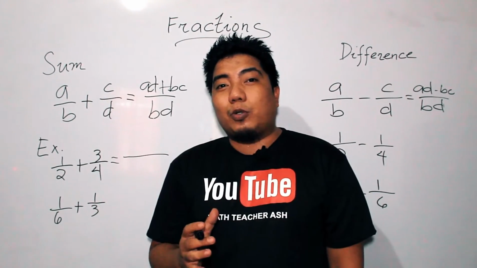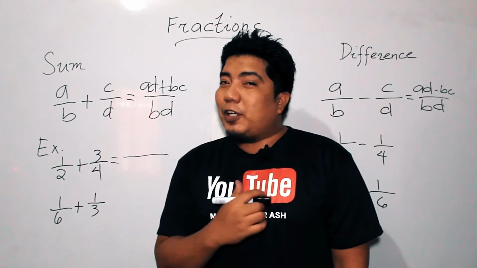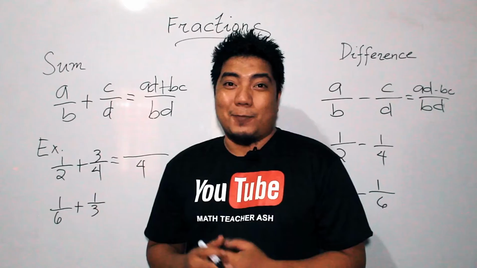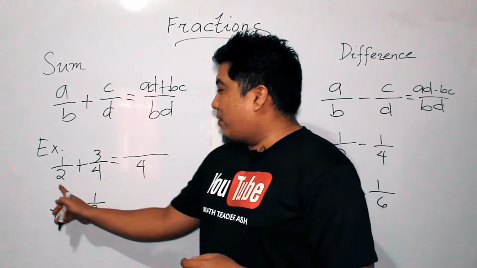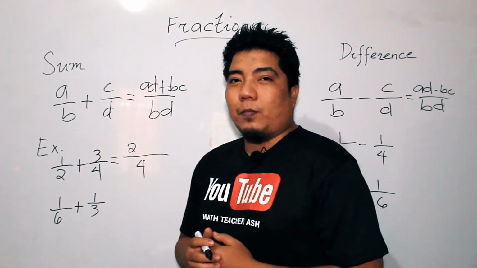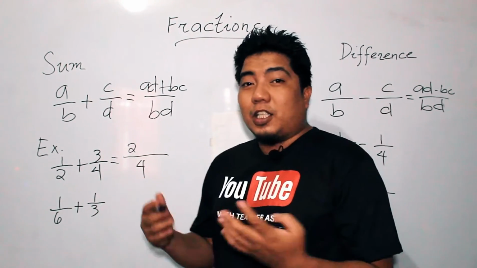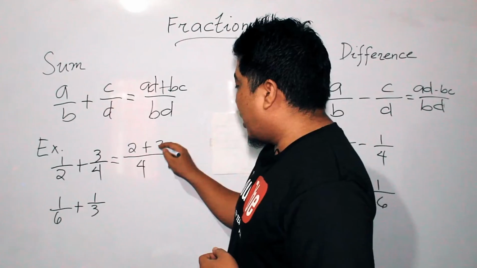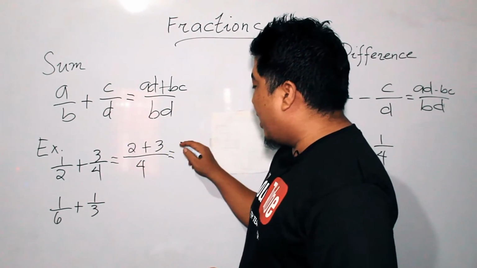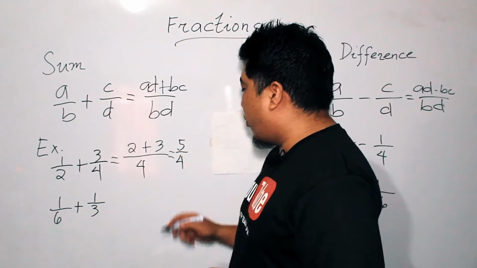Now, if you count by 2 and you count by 4, the first number that you will have in common is basically 4. Okay, so now 4 divided by 2, that is 2 times 1, that is 2. Now, as you can see, 4 and 4 did not change. So, therefore, that will be the same in your numerator. And then, what we'll do here is 2 plus 3, that is 5 over 4.